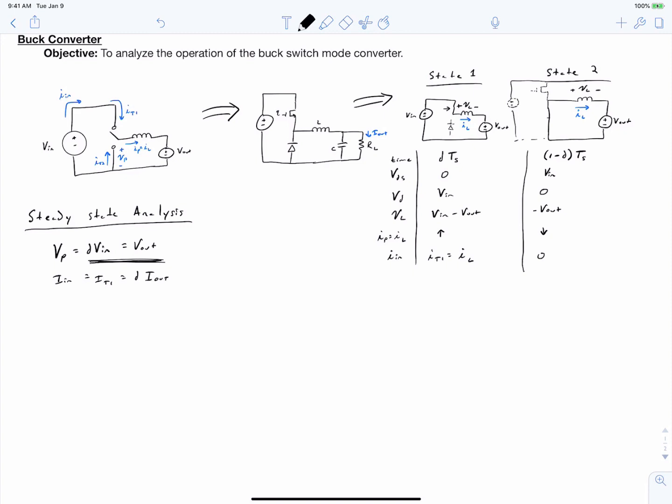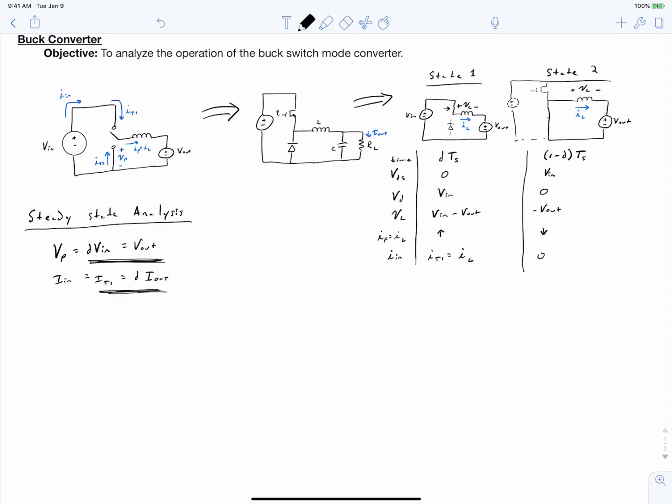So the pole is connected to throw 1, on average D percent of the time, the duty ratio percent, and therefore the current going through throw 1 must be equal to D times the pole current, which is also equal to the average of our output current.